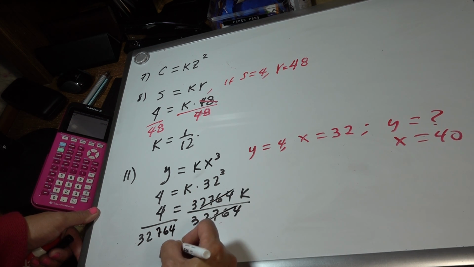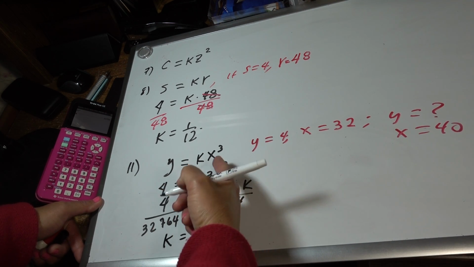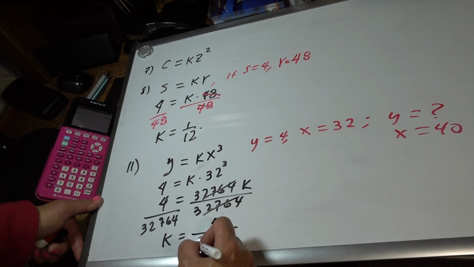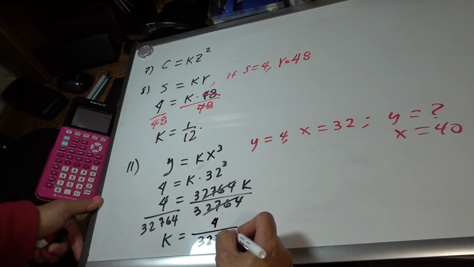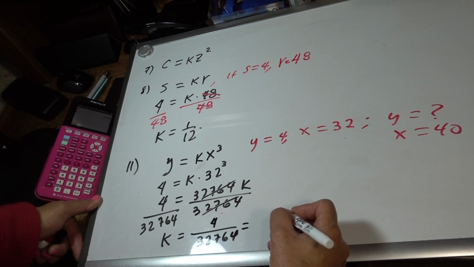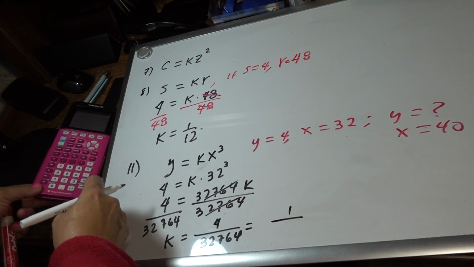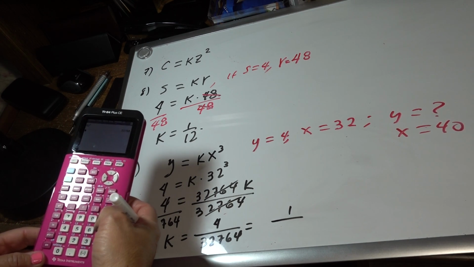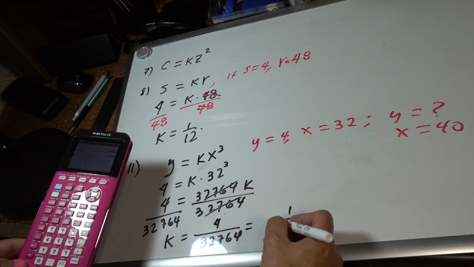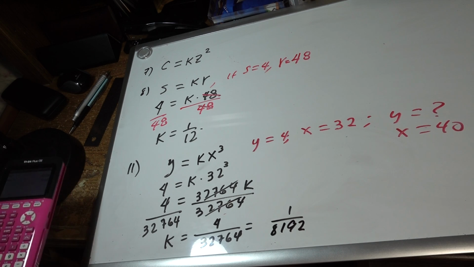K is that value, which is also 4 over 32 to the third power. So I'm going to write it like this. Okay, we can reduce this fraction. Divide this by 4. We have 1 dividing 32,768 by 4. We have 1 over 8,192. That's the value of K.